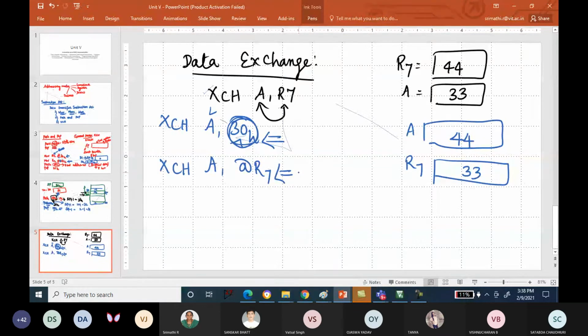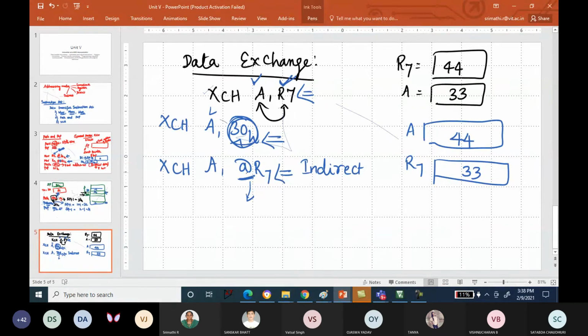What is A? It is a register. What is R7? Not a pointer, you are not using a pointer here. R7 is again a register. So it is register addressing mode.